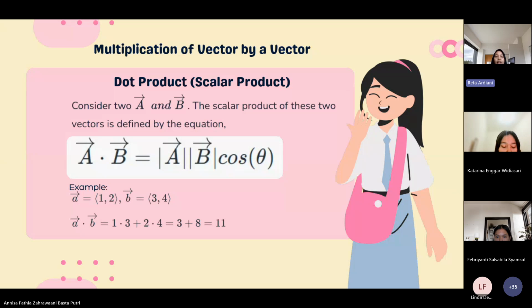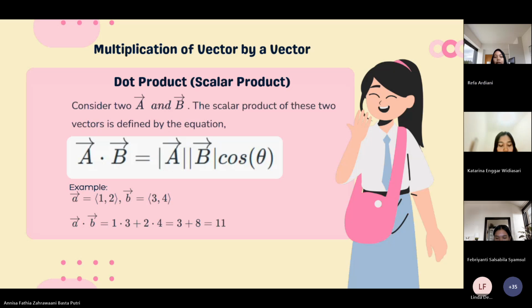There are two common formulas for the dot product. The first formula is based on the magnitudes of the vectors and the angle between them. A dot B equals the magnitude of A multiplied by the magnitude of B multiplied by cosine theta.